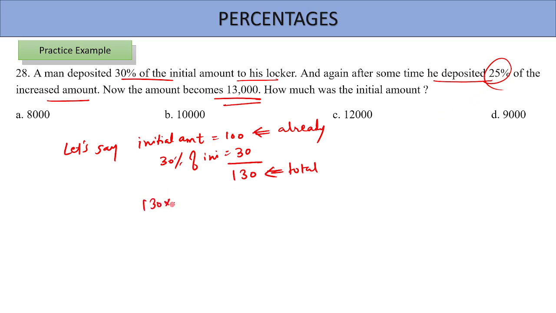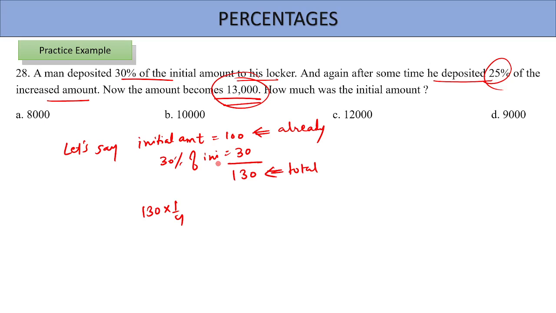He is depositing 25%, so 130 into 1 by 4. You just keep it as it is so that it will help in your calculation, because there is a 13,000 over here. So it will help you in your direct calculation.